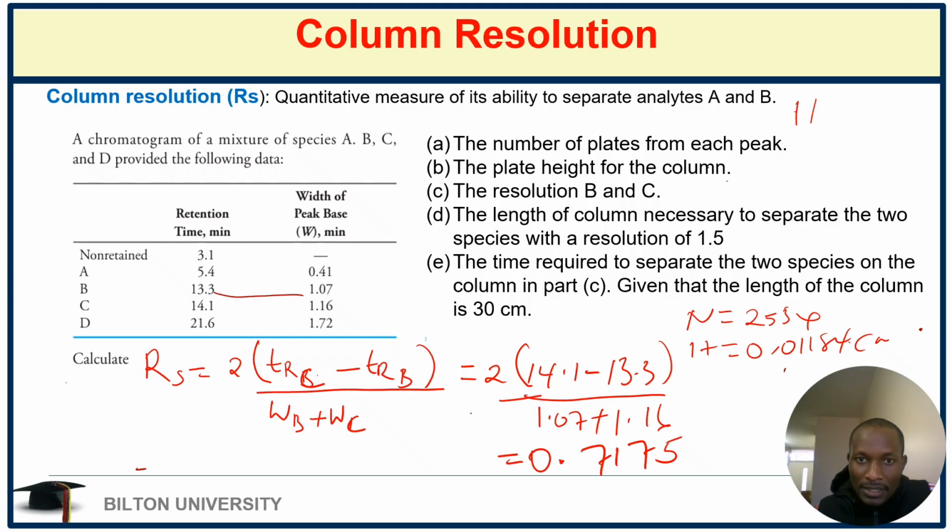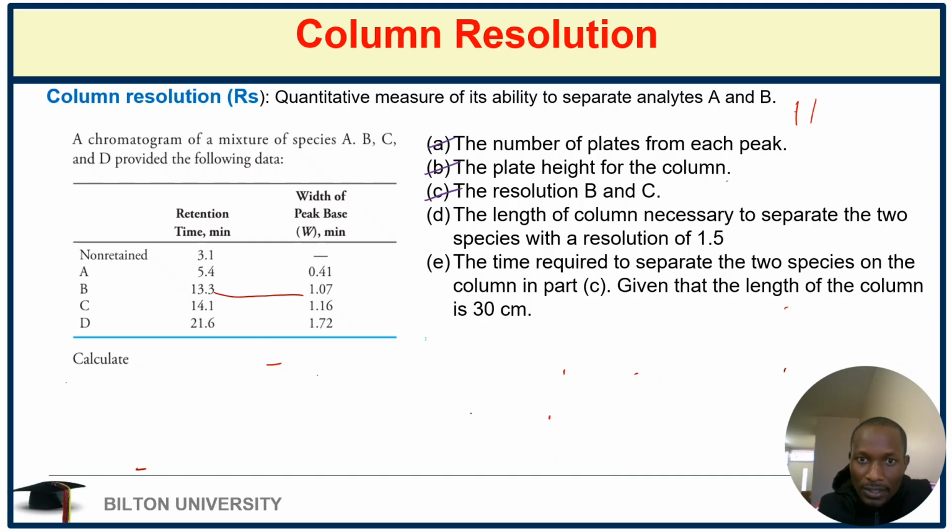So let's look at the length of column necessary to separate the two species with a resolution of 1.5.